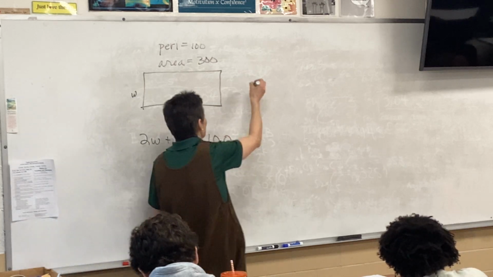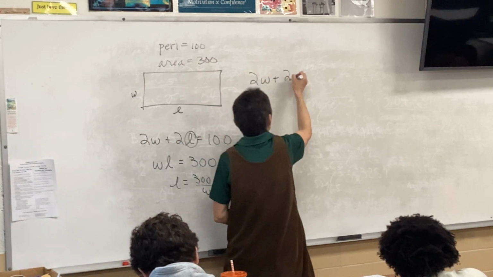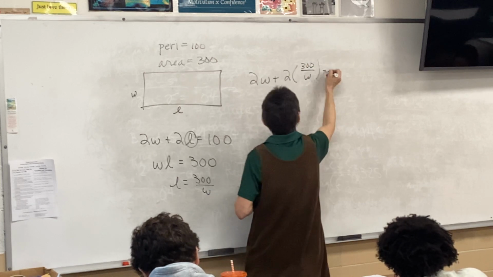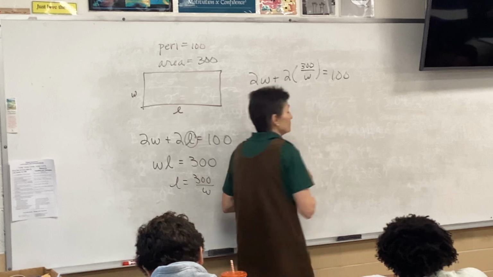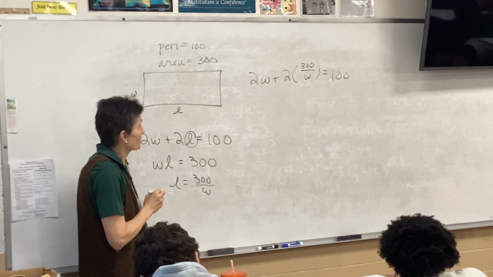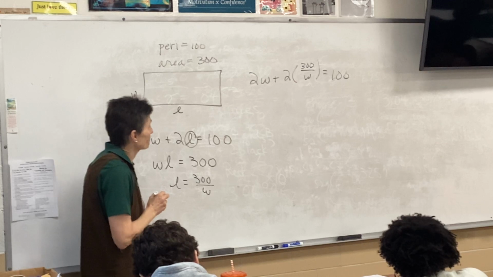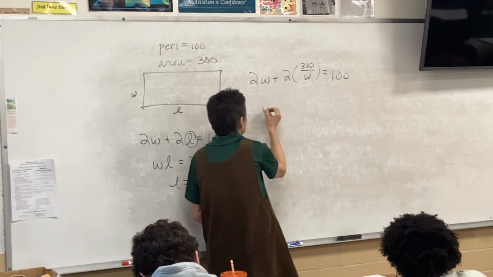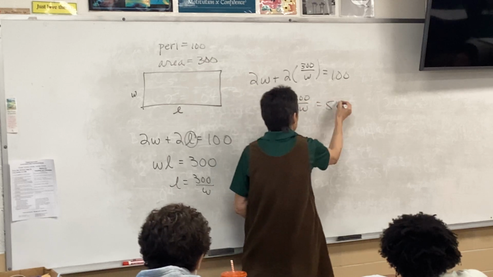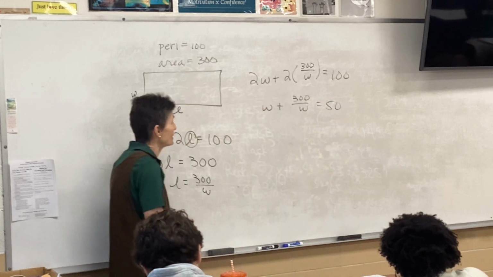So 2W plus 2 times 300 over W equals 100. I might just divide everything by 2 just to make my numbers smaller, but what do I do now?